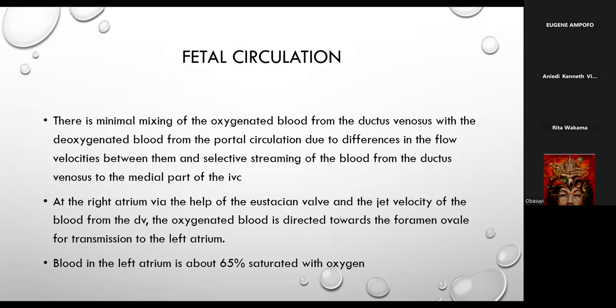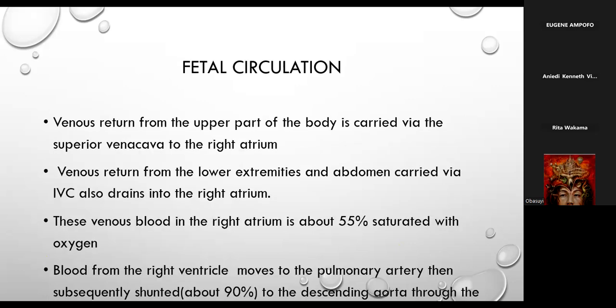It's about 65% saturated when compared to the 55% that is found in the right atrium. So the blood in the left atrium is more saturated with oxygen than that in the right atrium.